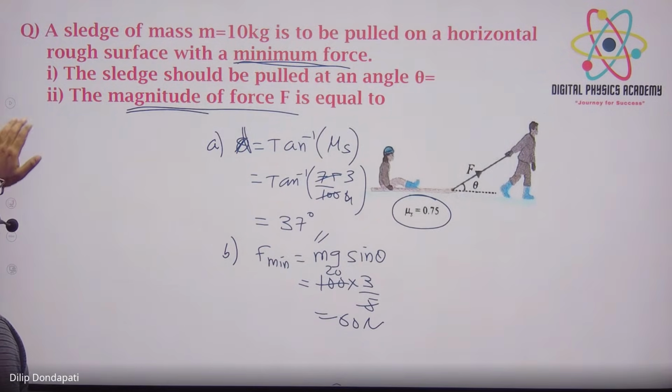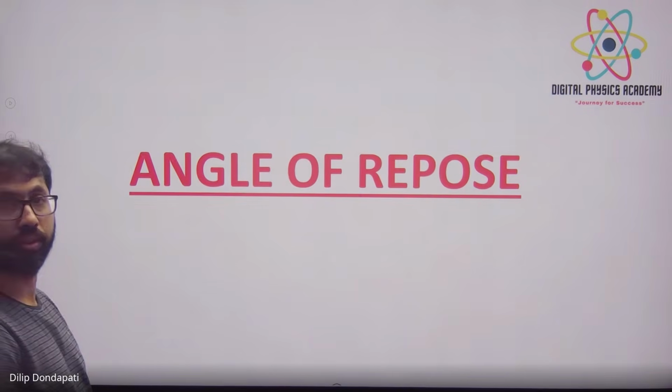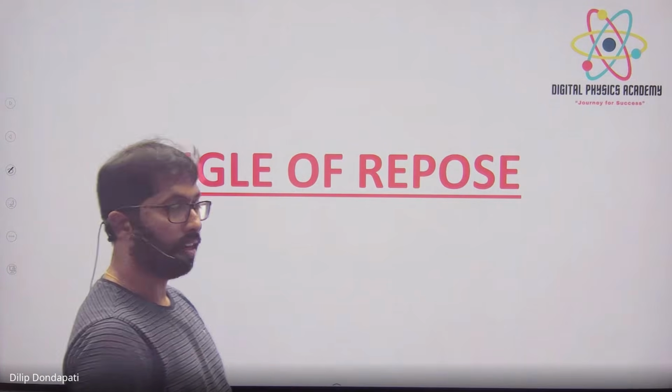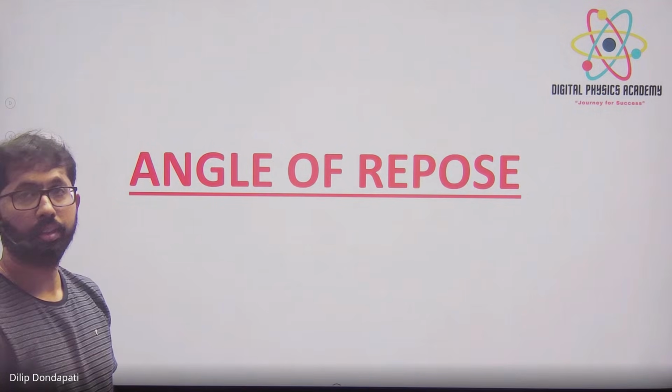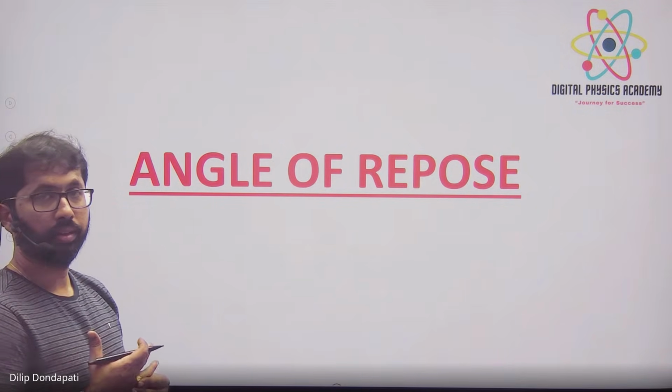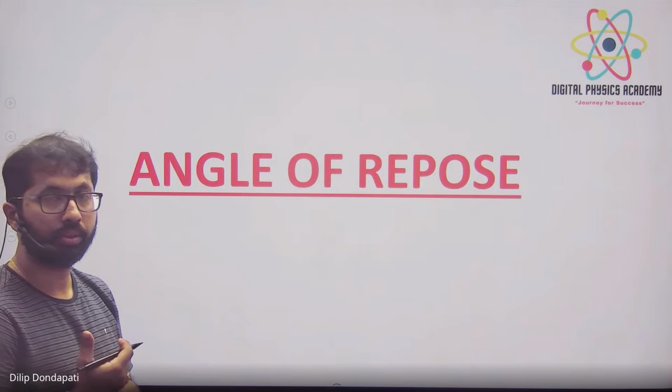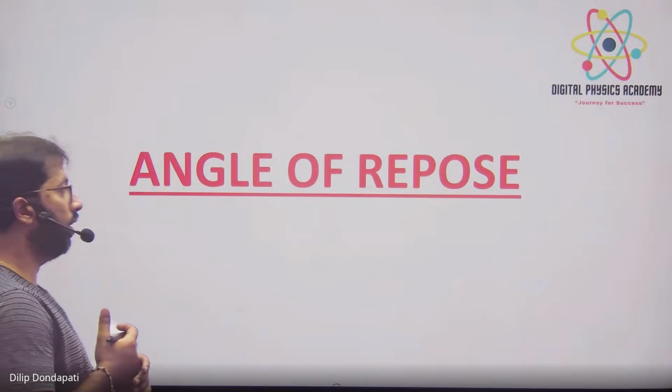The next topic we have to go to is angle of repose. It's easy. What is the meaning of angle of repose? Do you remember angle of repose? It is the minimum angle that an inclined plane would have so that the box would not slide down. Actually, it is ready to slide down.